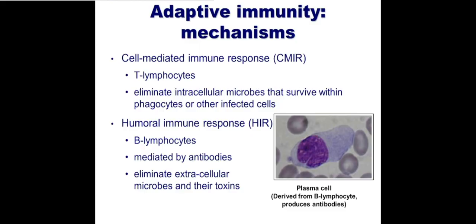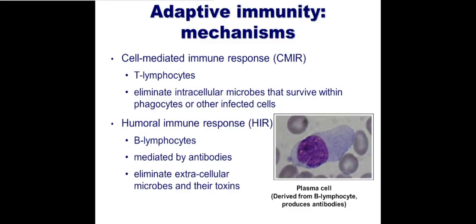Second is the humoral immune response, and this response is mediated by B lymphocytes. Clear? There are two types of lymphocytes, B and T. T produces the cell-mediated immune response, and B is the humoral immune response, mediated by antibody, because B cells differentiate into two types, plasma cells and memory cells.